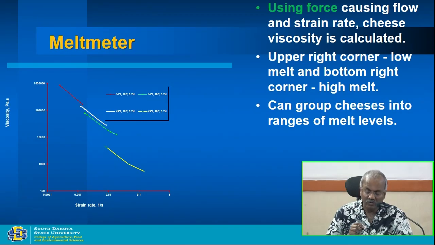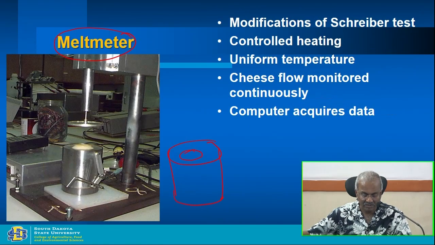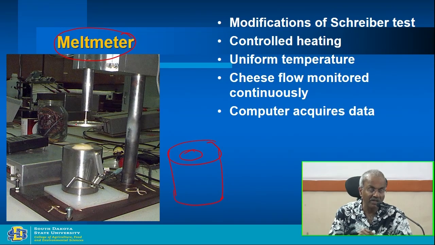Force causing flow and strain rate give the cheese viscosity in Pascal seconds. Low temperature, low fat cheese had a higher viscosity compared to the high fat cheese and higher temperature. This is for the constant force, 0.7 newtons, that we applied, basically because of the disc we used.